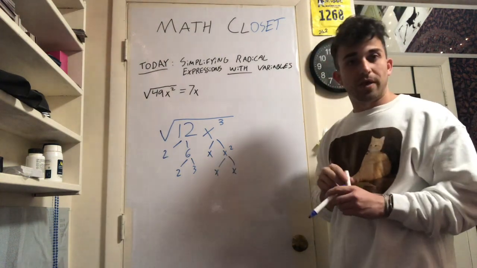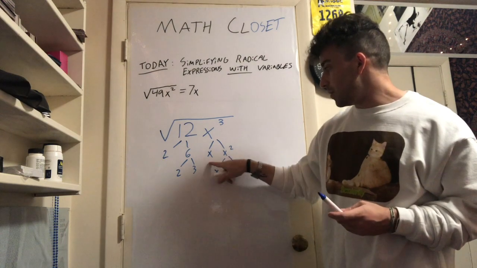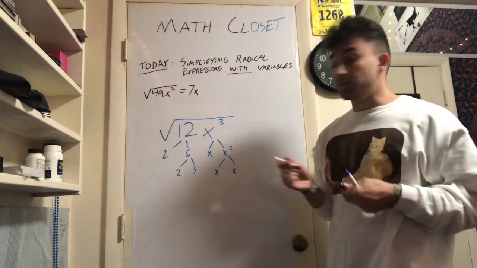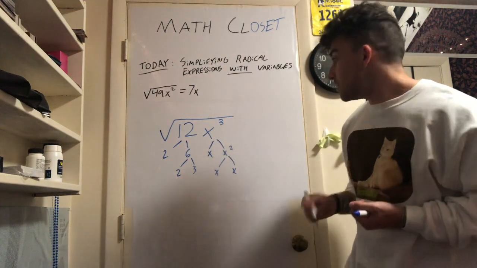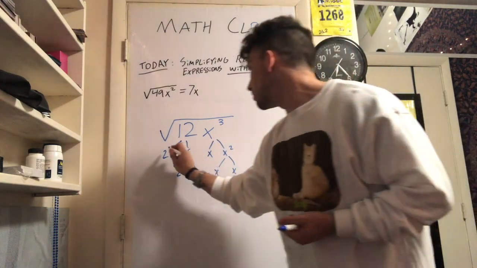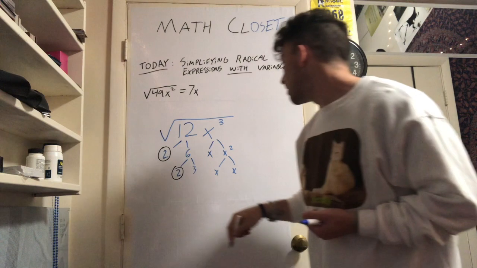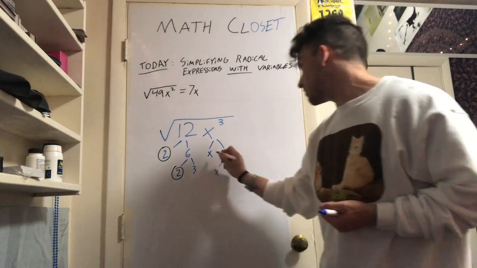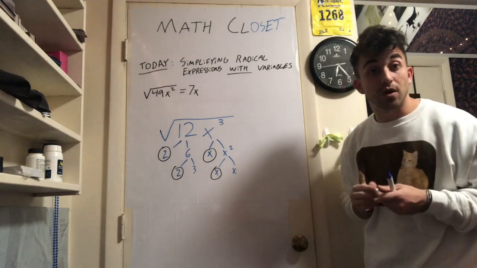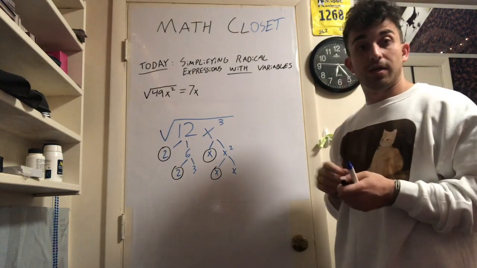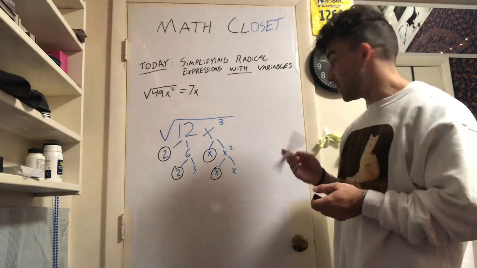I look along my factor tree. Every single term at the bottom is broken down as much as possible. So now I'm going to look for pairs. I see a 2 and a 2. There's one pair. And I see an x and an x. Those are the parts that I can pull outside of the radical sign.